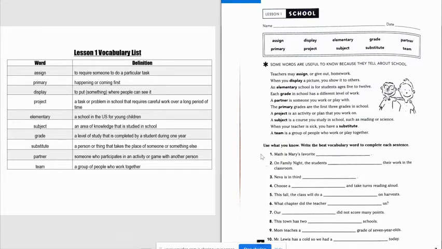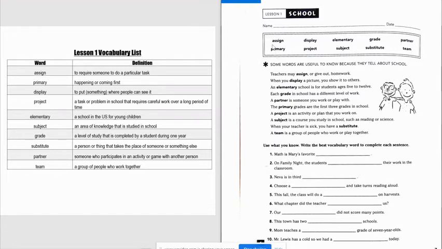The first one is: math is Mary's favorite blank. Which word is going to make the most sense here? Is it assign, primary, display, project, elementary, subject, grade, substitute, partner, or team? Math is Mary's favorite. Okay, number 2. On family night, the students blank their work in the classroom.